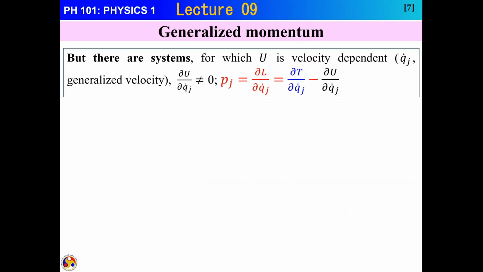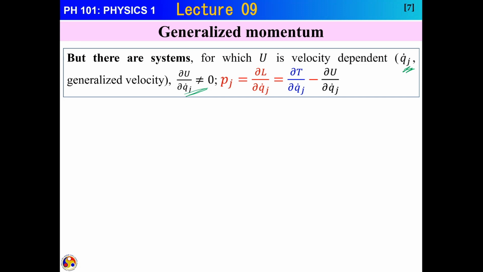But in general, we also have situations where the potential is velocity dependent. That means it depends on the q dot, and therefore you cannot take the partial derivative of potential energy with respect to the velocity as simply 0.